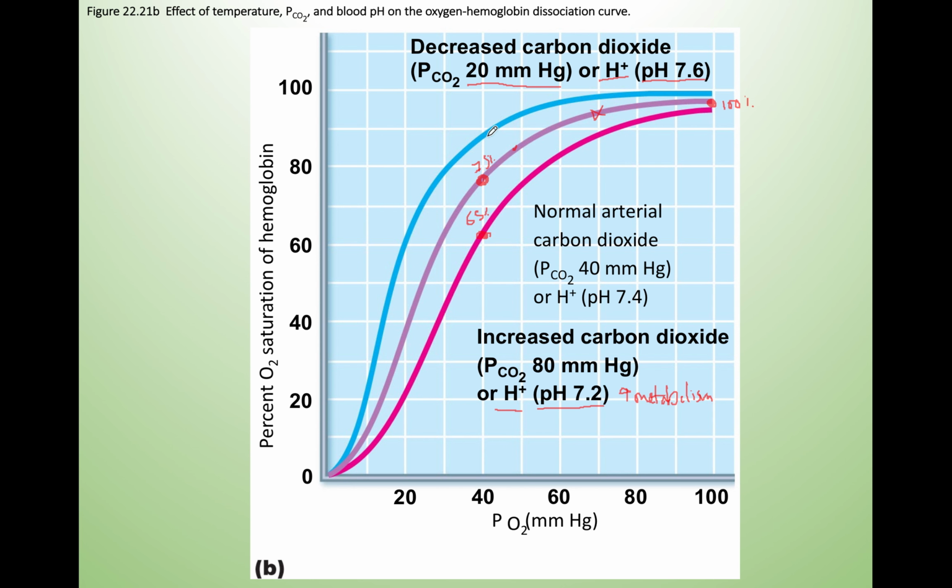But under alkaline condition or low CO2, notice right here, your percentage saturation would be about 88%, which means you are holding tightly to that oxygen. Your hemoglobin has a really high affinity for oxygen. It's not going to let it go.